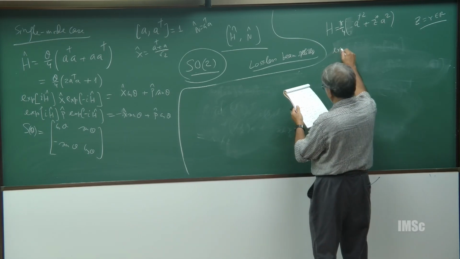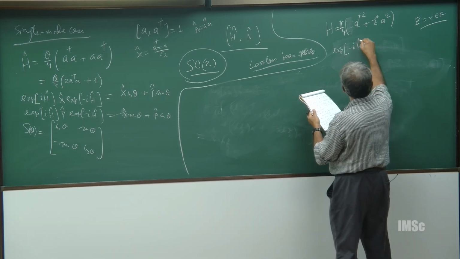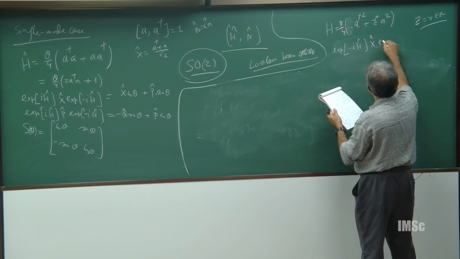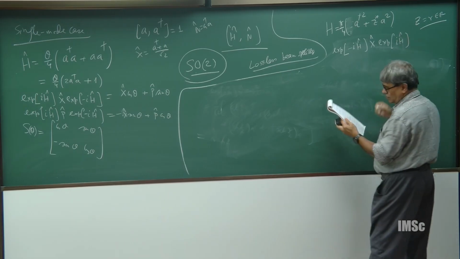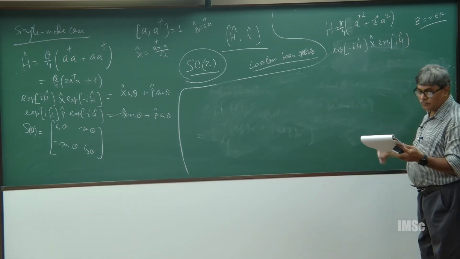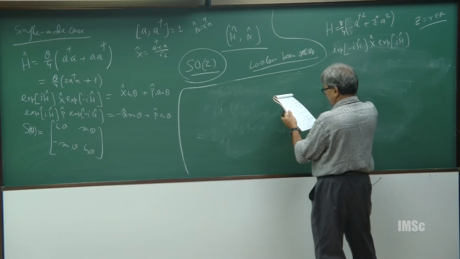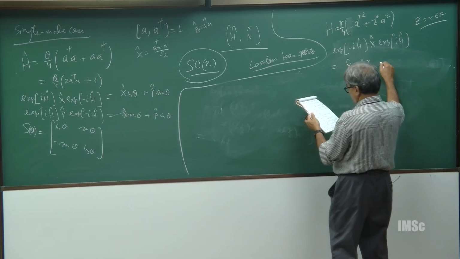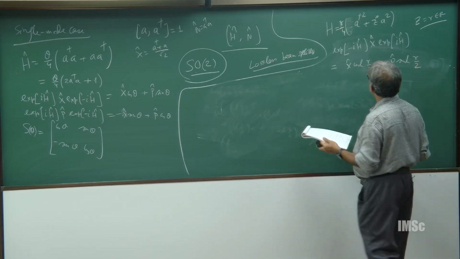The exponential of minus iota h, then x, then the exponential of plus iota h. If you do that, it should be x cos hyperbolic r by 2 plus p sin hyperbolic r by 2.